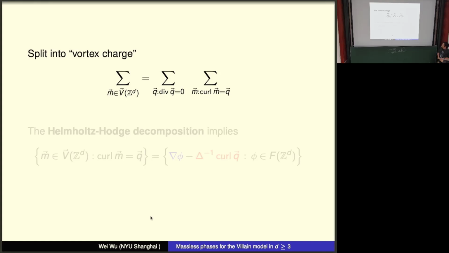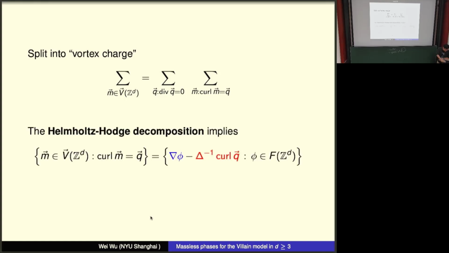So now if I do that, I can represent such M so that your curl is a given Q by this Hodge decomposition into a gradient field plus a divergence-free field, which is explicit.